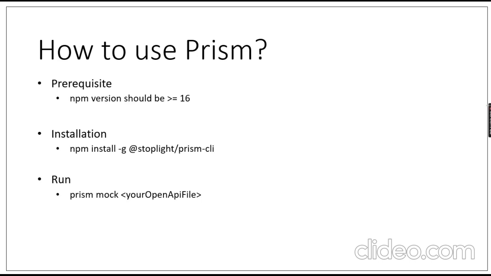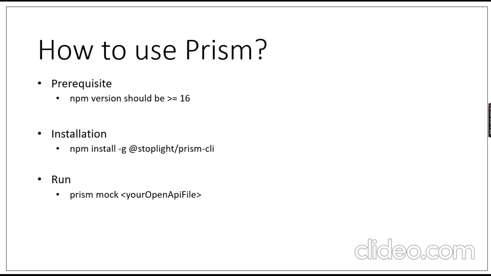Now let's see how to use Prism. There is one requirement to run Prism on the system, which is npm. Please make sure that your npm version is greater than 16, otherwise it will give you some exceptions and errors. In my case, it was not even running. So please make sure, before doing anything, that your version is greater than 16.